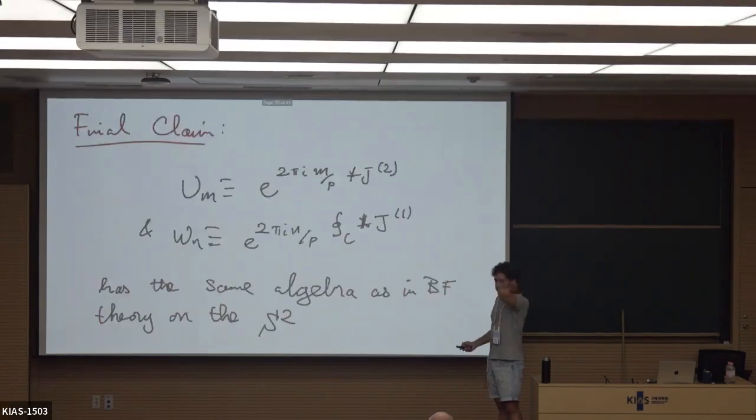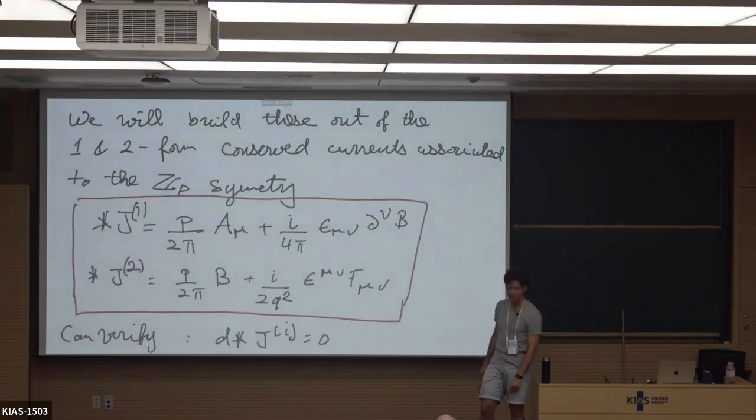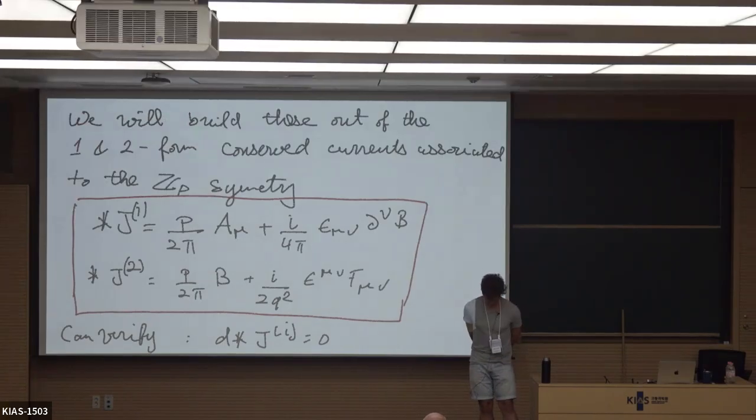Now, this last bit about current conservation is very specific. So you have a discrete symmetry, and you can build topological operators out of these. Yes. And at intermediate steps, to demonstrate that those things are topological, you will use this. Correct.